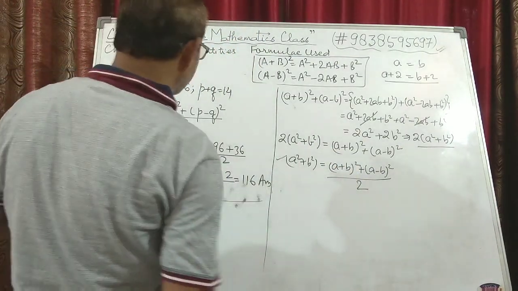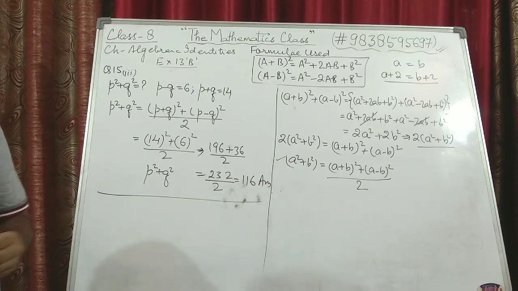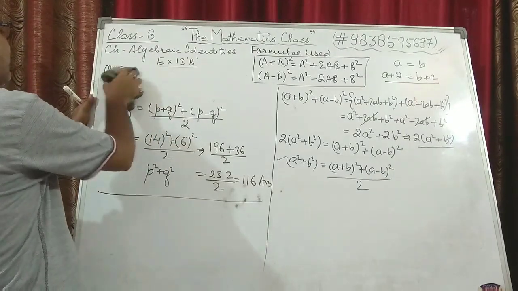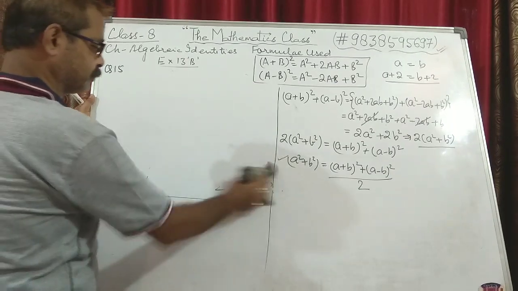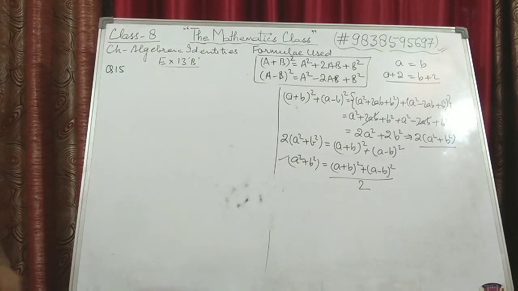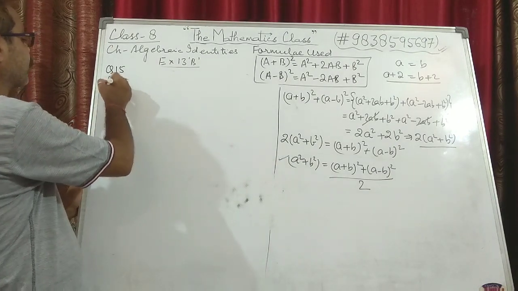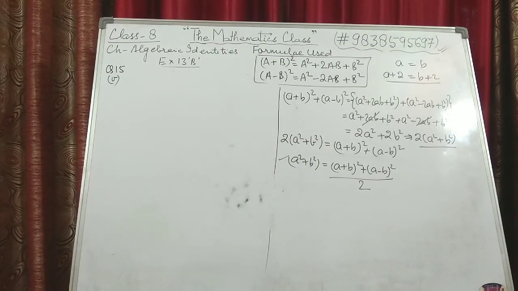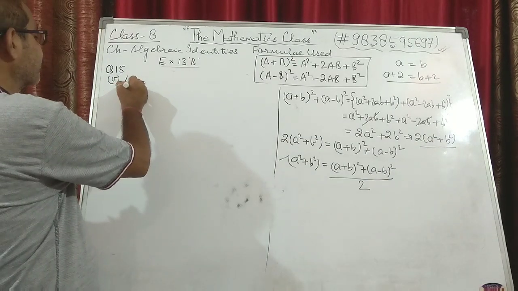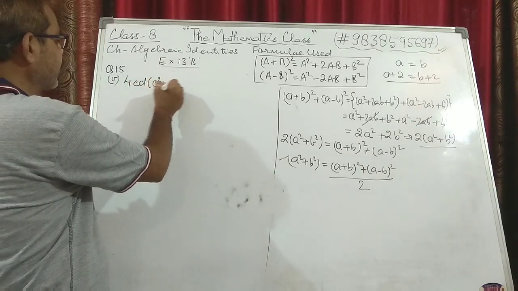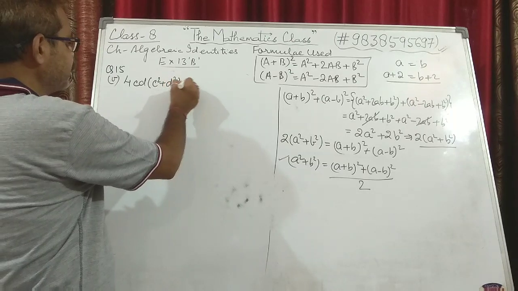Now we move on to the last part, that is the fifth part. What is the fifth part? Let's see. Fifth part is: find the value of 4CD into (C square plus D square).